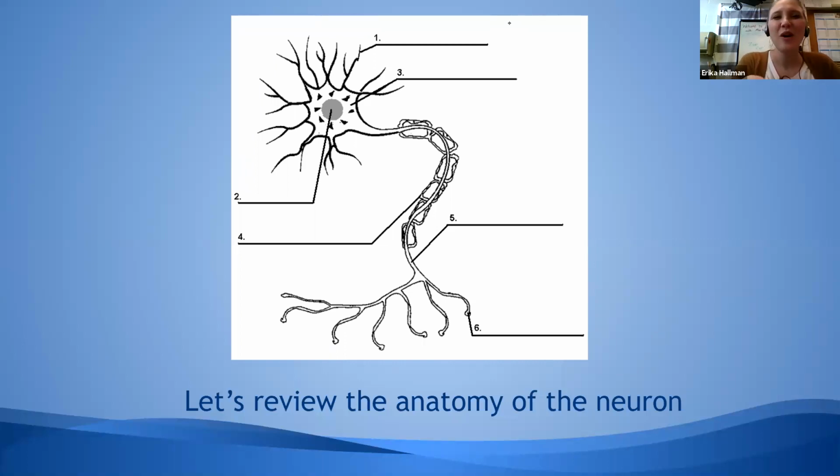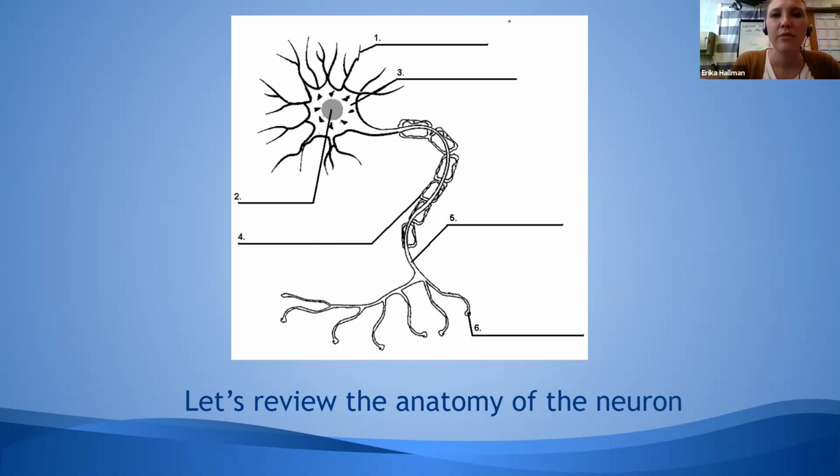So number 1 on your screen is going to show you a dendrite. Number 2 is referring to the cell body. Inside of the cell body would be the nucleus of the cell. So number 3 is referring to the nucleus.